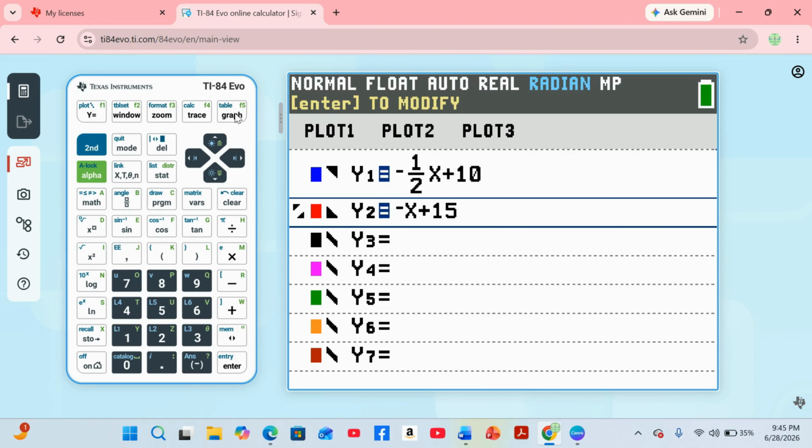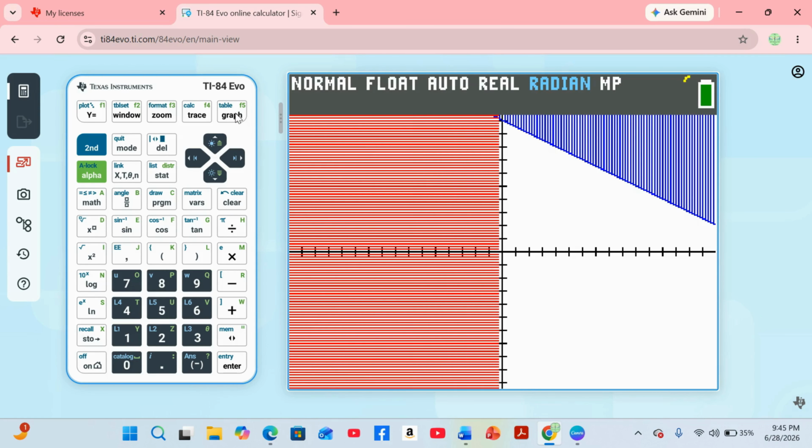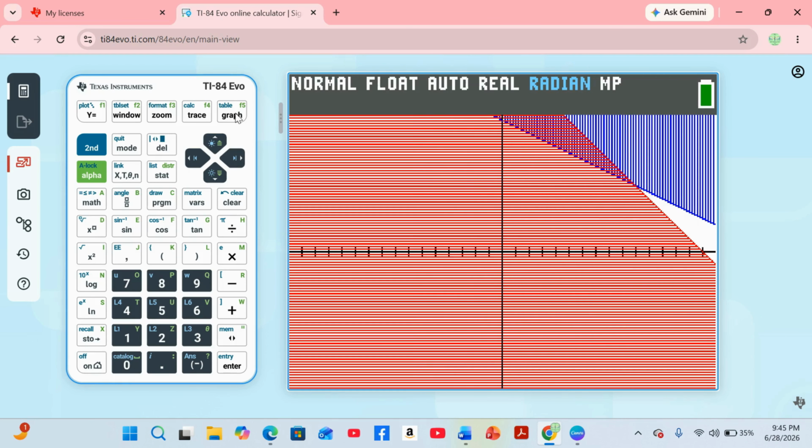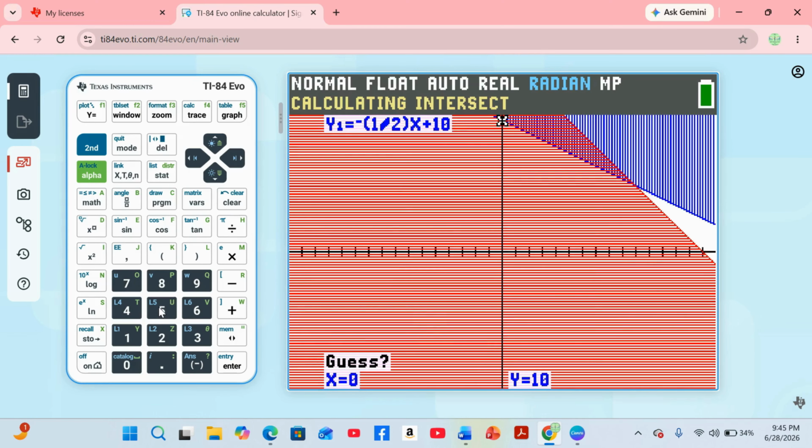I'm going to do the choice for the intersection. Copy it.